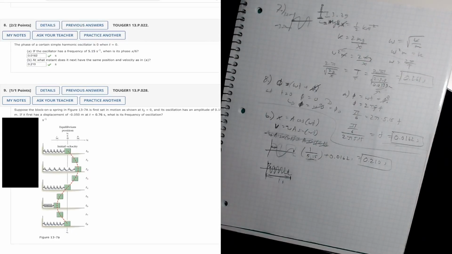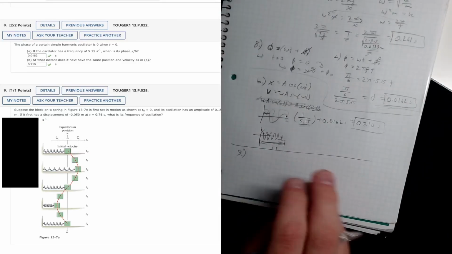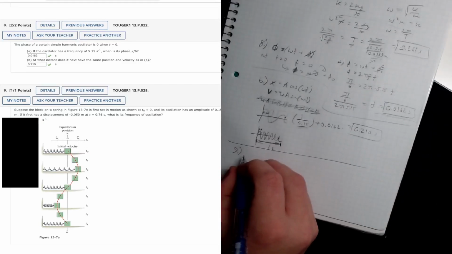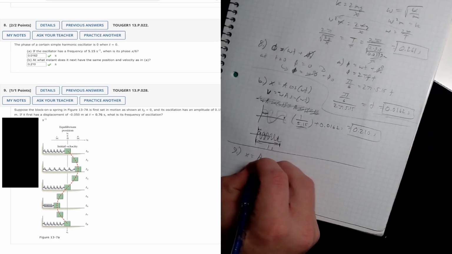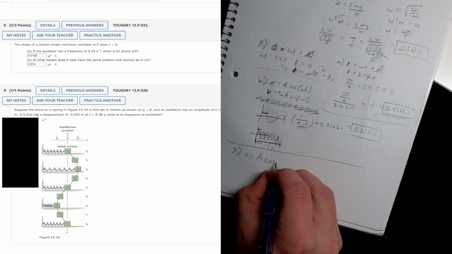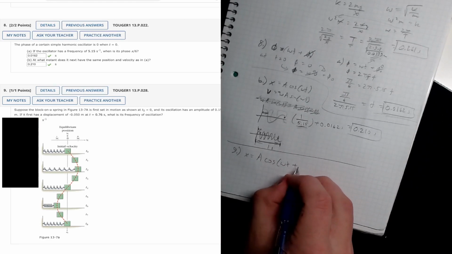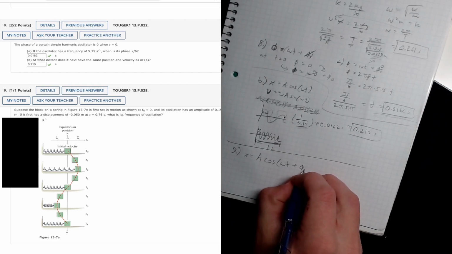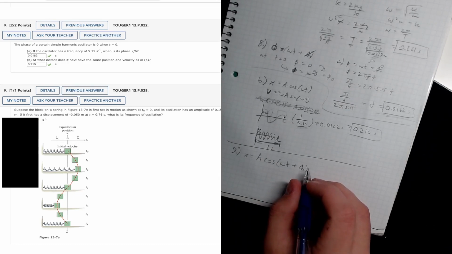Alright, guys, now on to problem number 9. First of all, we have distance, amplitude, cosine of Wt, and the phase shift. The phase shift in this case is, since this cosine is going to be negative, pi over 2.